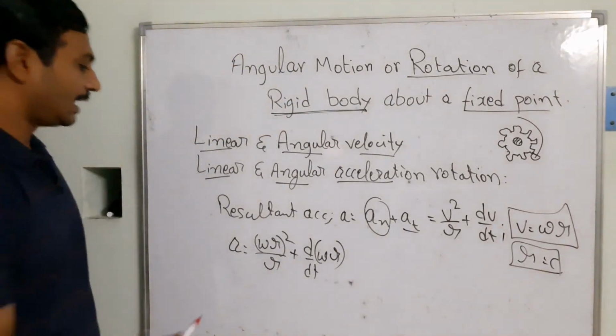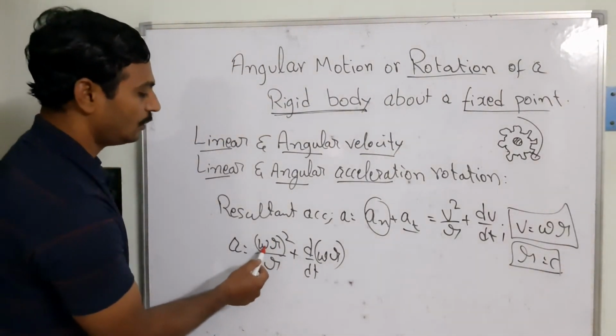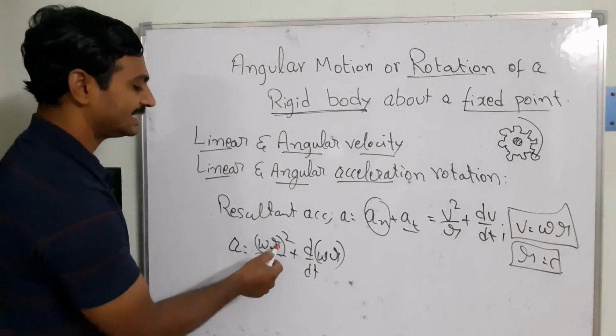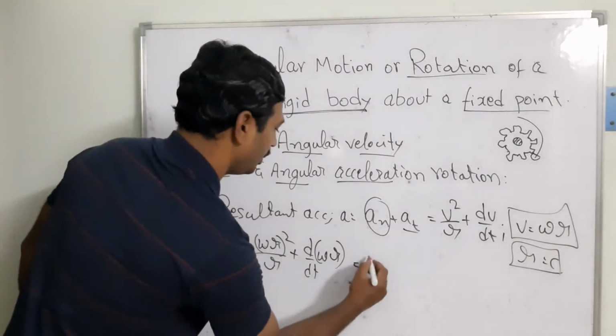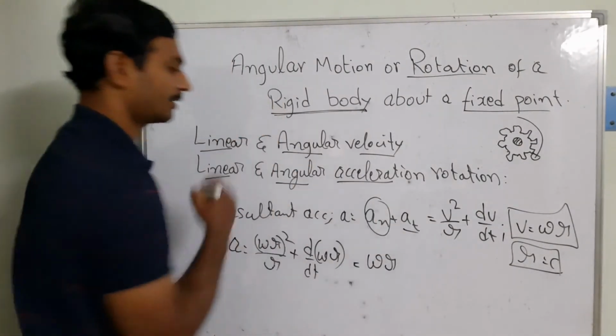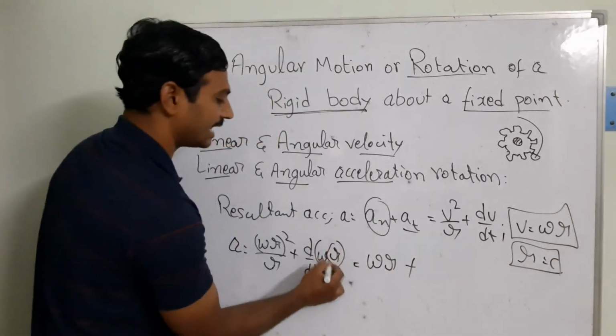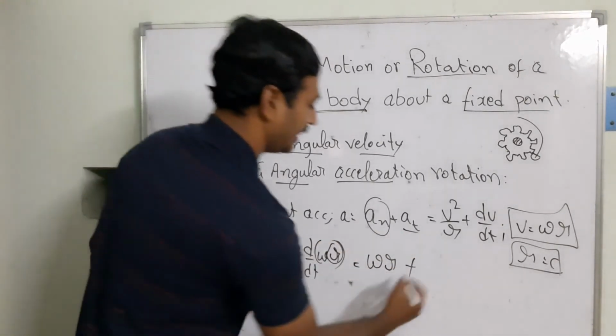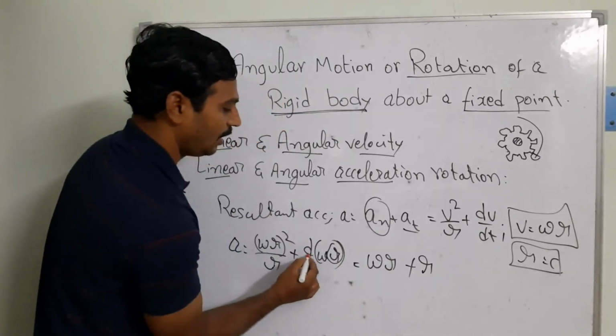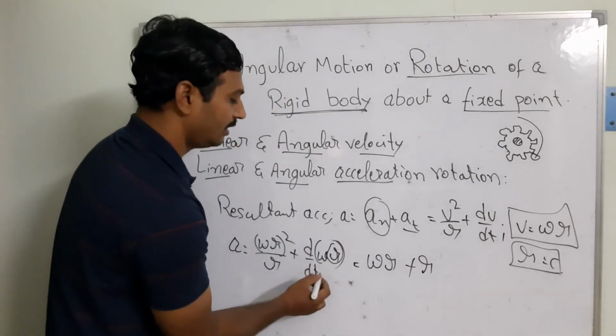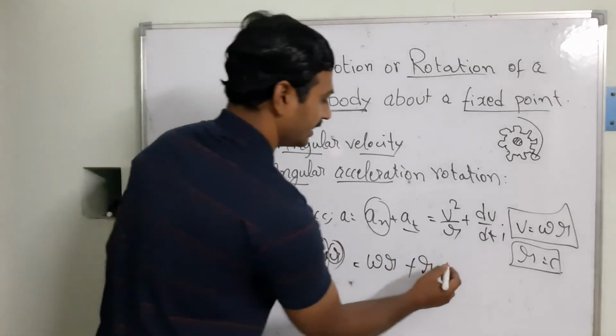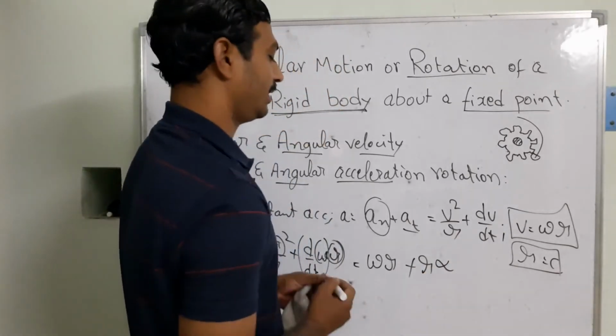So what will happen? Omega into r square by r, this r will be cancelled. I am going to get omega square into r, plus, since r is constant, I take it outside, r times d omega by dt, which is going to be alpha.